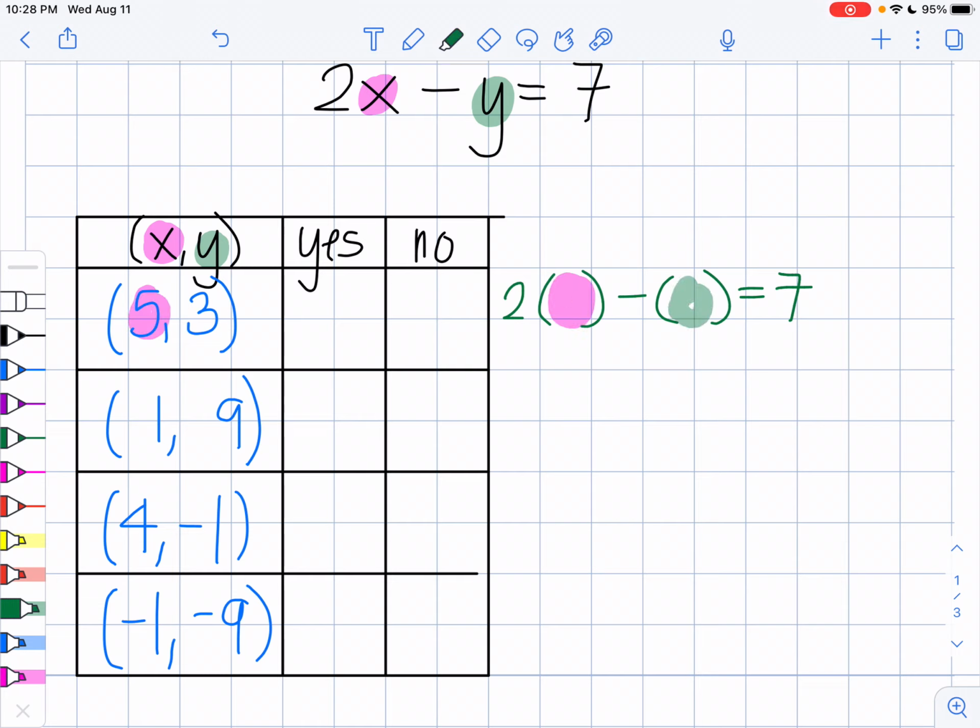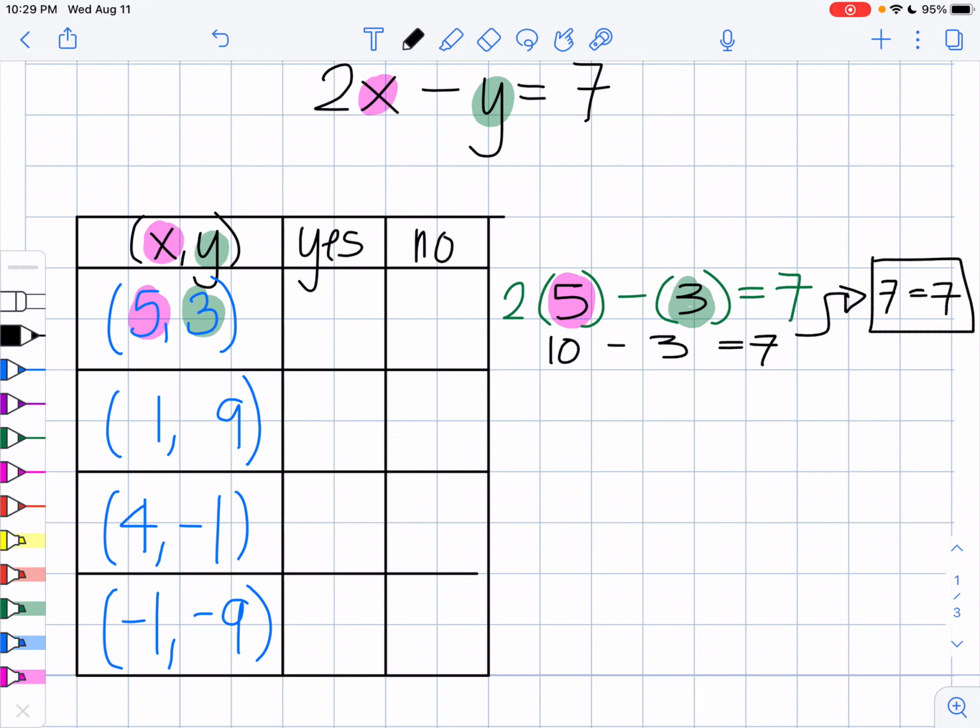So I'm plugging in here a 5 and here a 3. And now I'm going to simplify using order of operations. So 2 times 5 is equal to 10, and 10 minus 3 is equal to 7. So I get 7 equals 7. Does 7 equal 7? Well, it sure does. So this is true, which means yes, it is a solution.